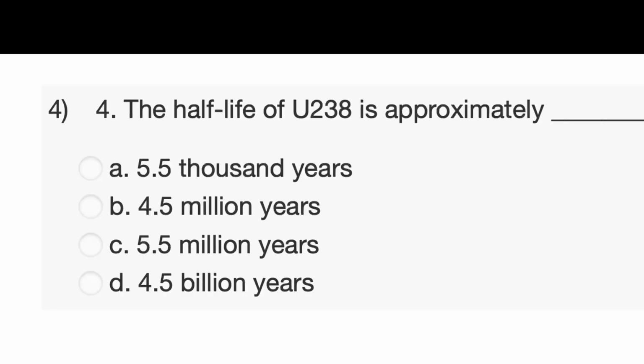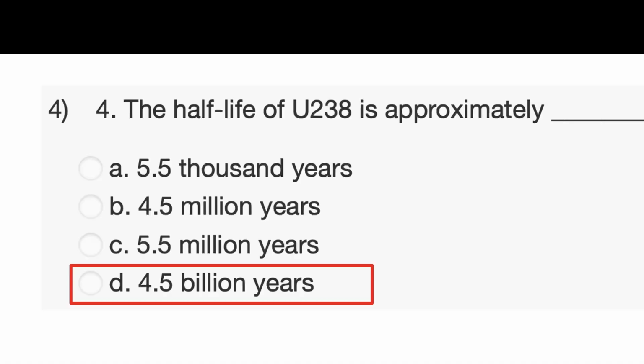Ramya, Chanchal, Kavi, Farsana are saying D. Aishwarya, Aparna, Nandini, Shiv Kumar, Priya, Mrs. Babu are all saying D. If you guys are saying D, then it has to be D. You guys are correct. The correct answer is 4.5 billion years.